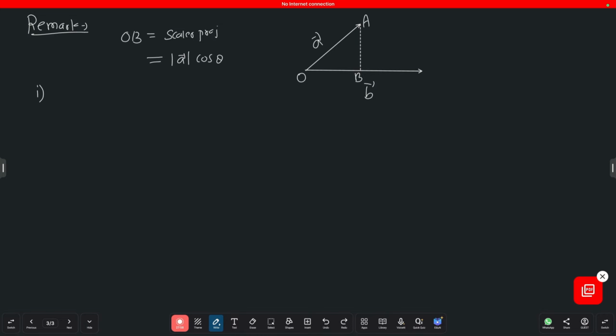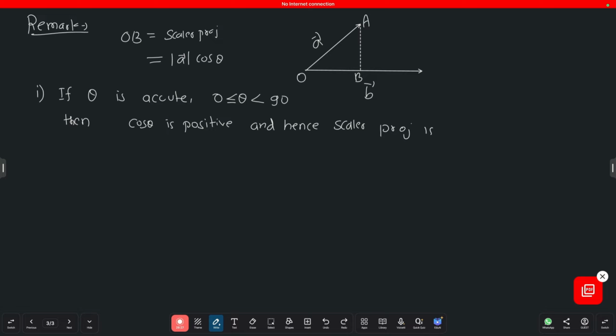First, if theta is acute, that is theta greater than or equal to 0 and less than 90, then cos theta is positive, and hence the scalar projection is positive.